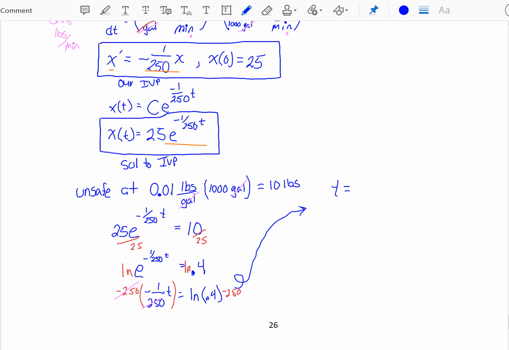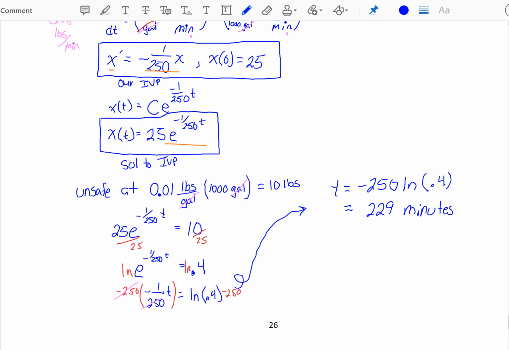So I'm going to get negative 250 natural log of 0.4. And write this as a decimal. Negative 250 natural log of 0.4. And I get this to be about 229 minutes. I'm rounding to the nearest minute, of course.